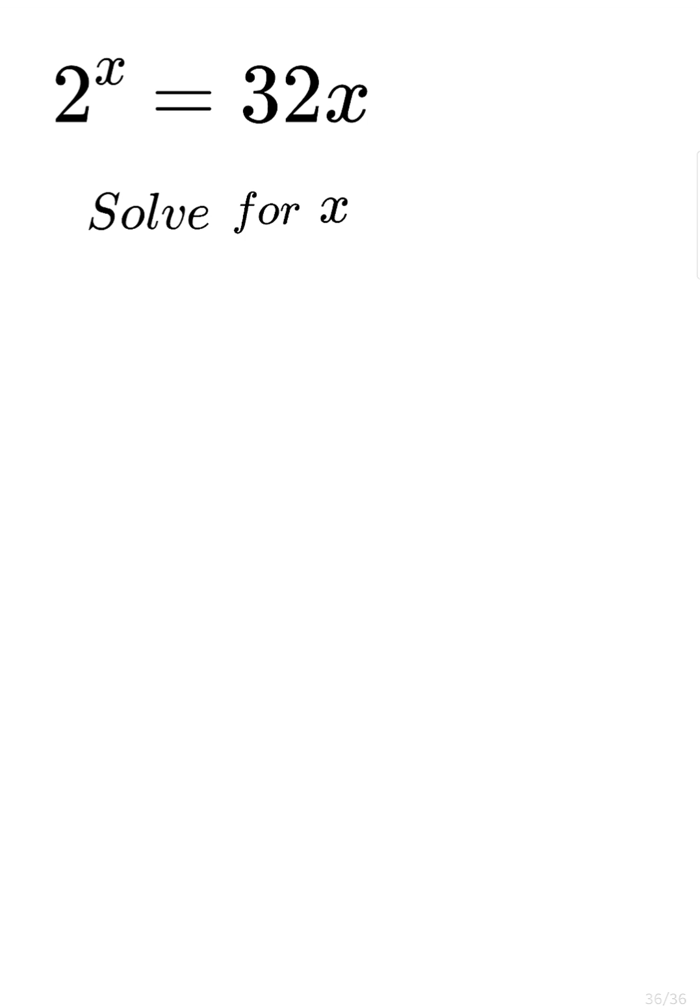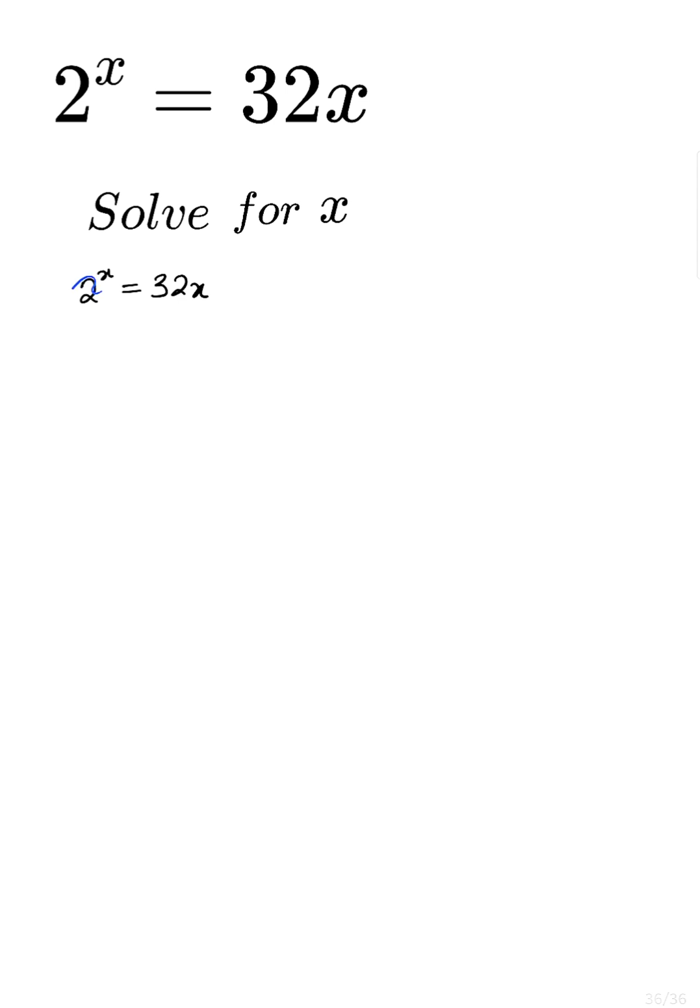The first thing we need to do is to separate the x terms. At this point you have 2 raised to x equals 32x. I want to divide both sides by 32 times 2 raised to x.